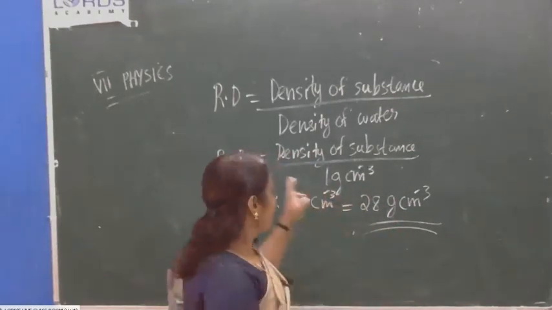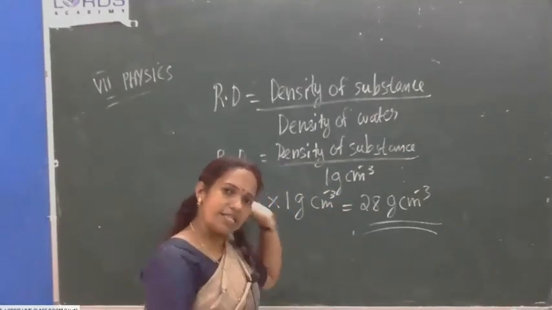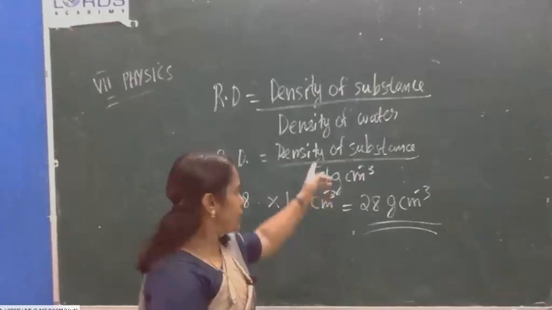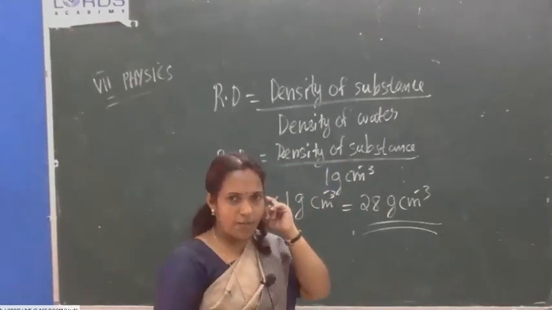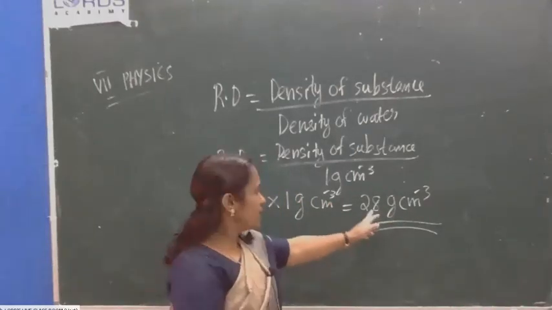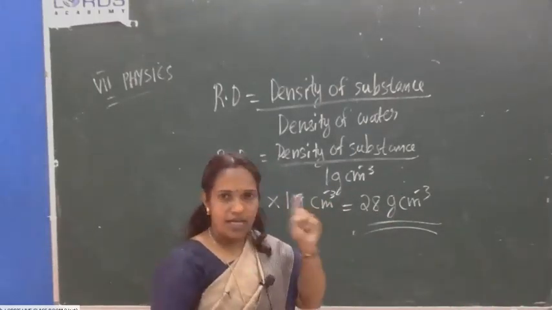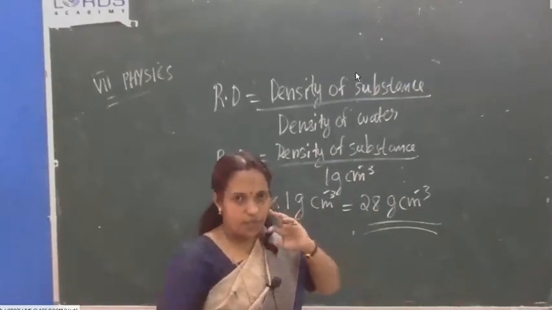Listen, if the relative density of a substance is given, calculate the density of the substance. After doing the numericals, it will be more clear. Simply write the relative density, which is a number with no unit, then gram per centimeter cube. Clear?